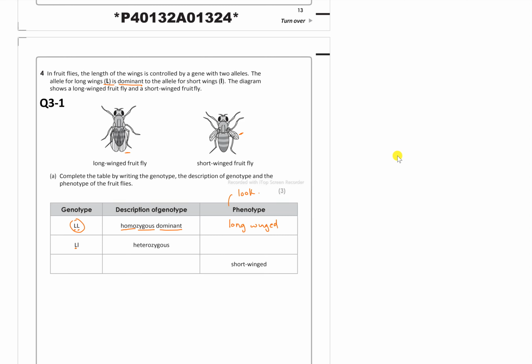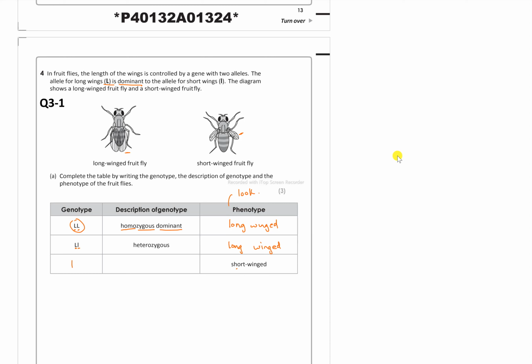Here you've got hetero, it's mixed. So it's a heterozygote. It's going to be long winged. Why? Because you've got a long one in there. Right, you've got short winged.